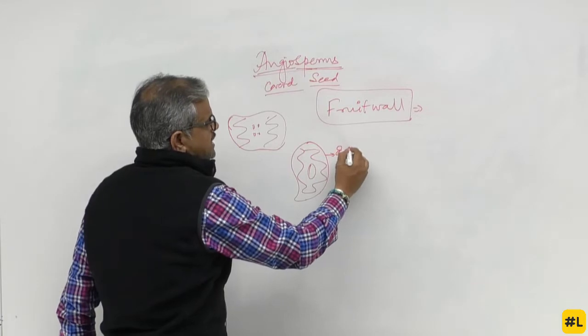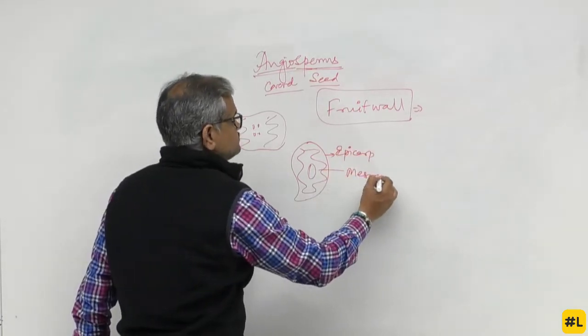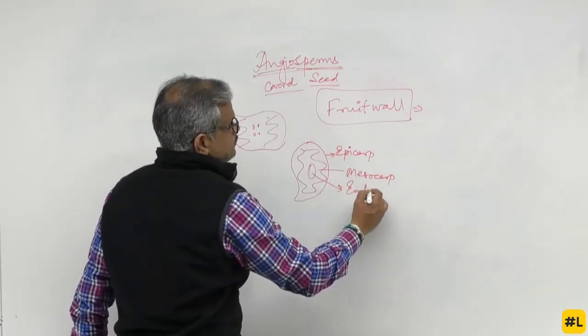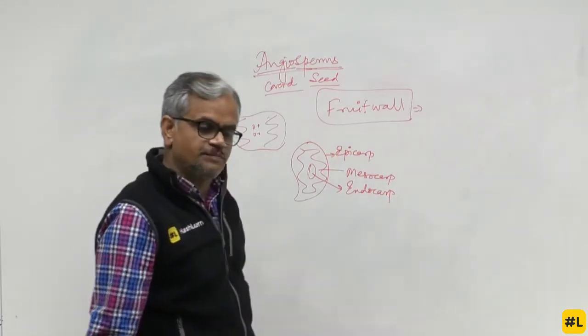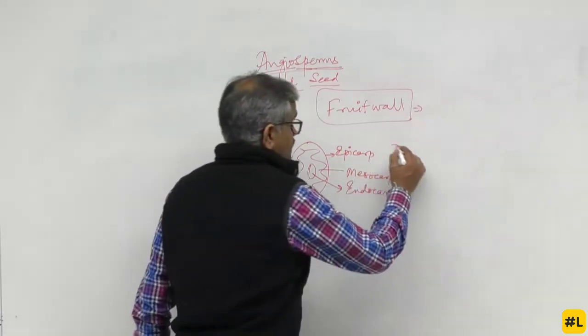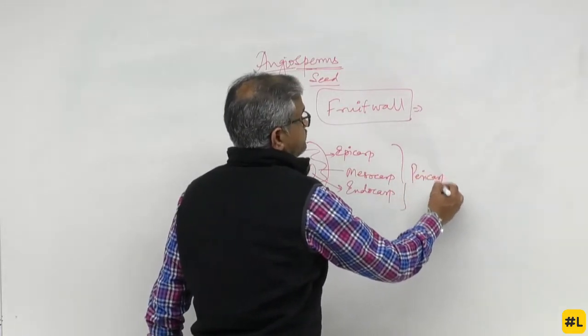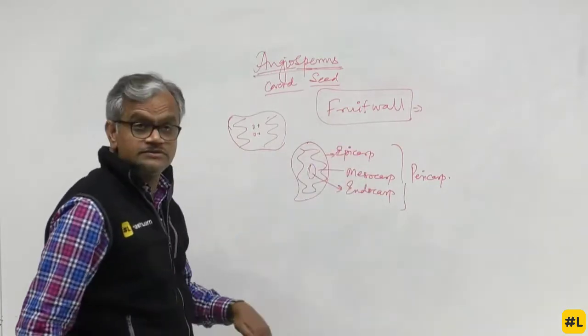What you eat is this, and this is green color or yellow color. This is called epicarp. What you eat is mesocarp. What grows inside is endocarp. So epicarp, mesocarp, endocarp, all the three together make something called pericarp, right? This is the reverse engineering I am talking about.